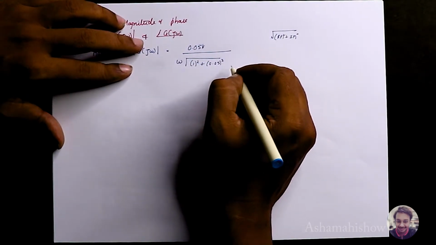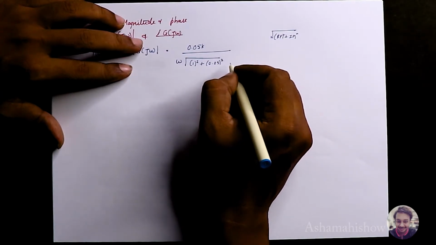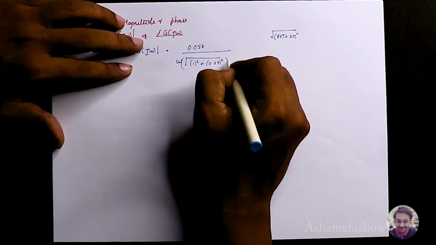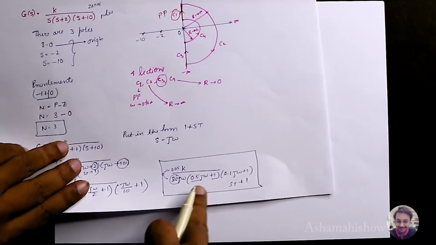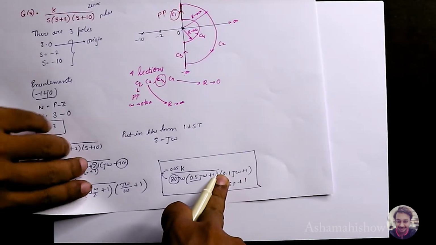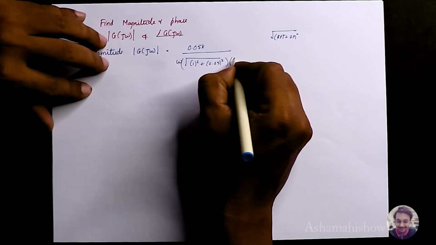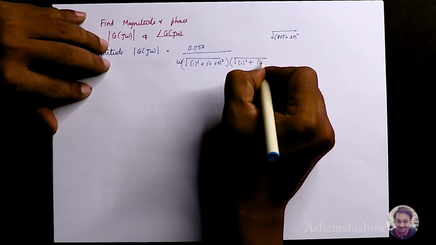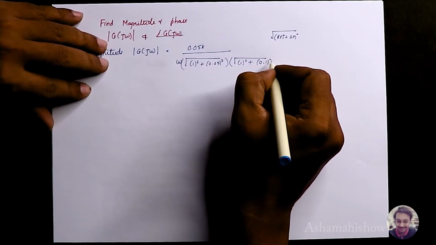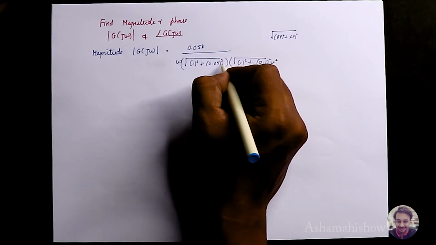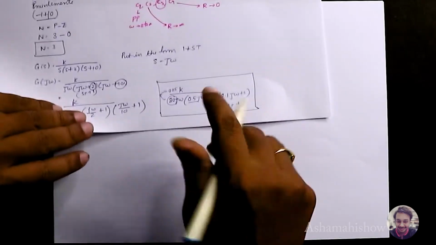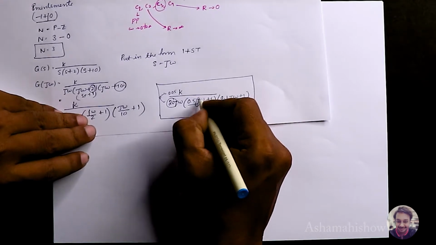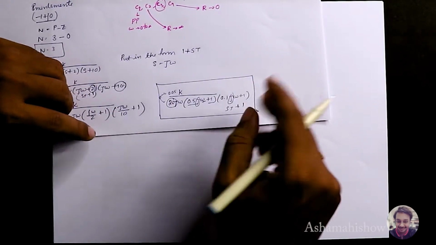For the second one it is 1 square plus 0.01 whole square. So again root over 1 square plus 0.1 whole square, and definitely it should be omega square, because we have omega square. We only have to take out j out of here. Don't take out omega.